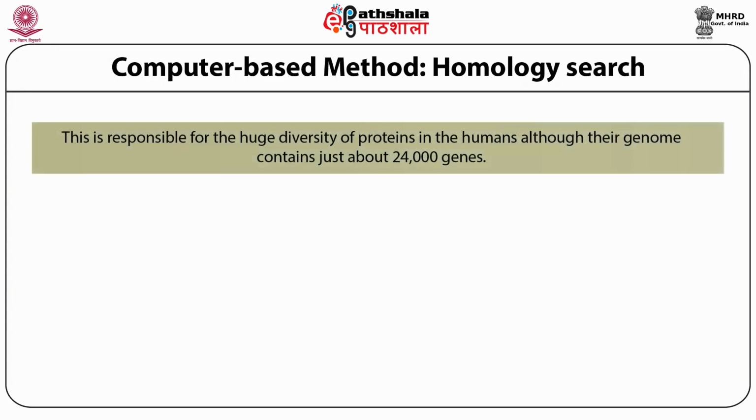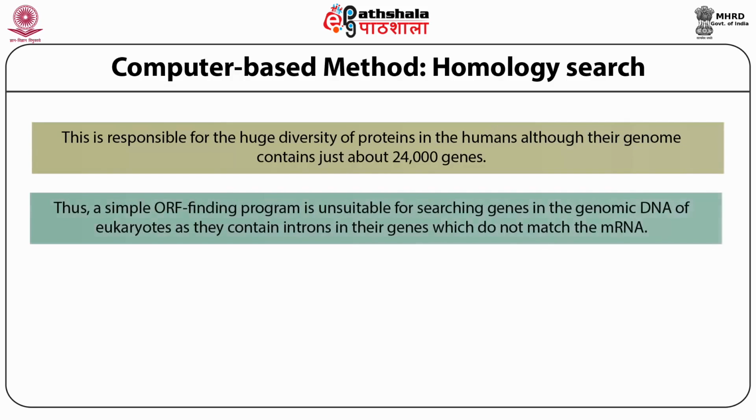This is responsible for the huge diversity of proteins in humans, although their genome contains just about 24,000 protein coding genes. Thus, a simple ORF finding program is unsuitable for searching genes in the genomic DNA of eukaryotes, as they contain introns in their genes which do not match the mRNA.